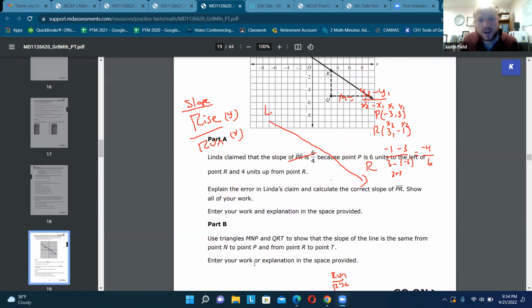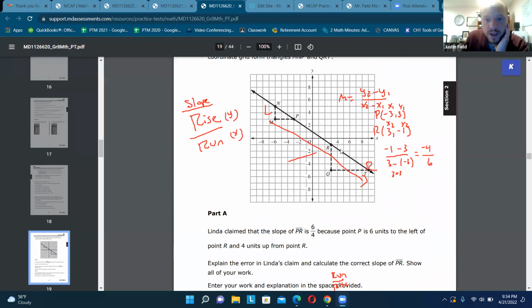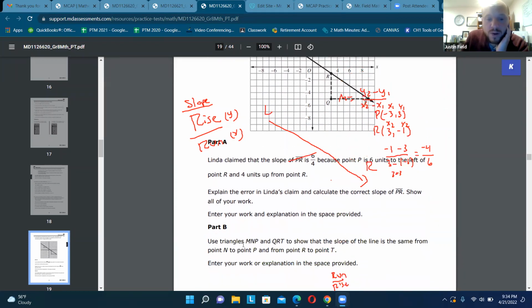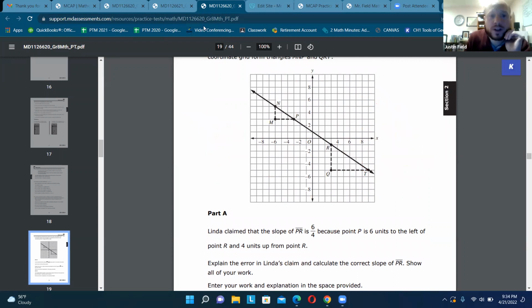And there it is. This is a two-part question. Use a triangle to show the slope of the line is the same from N to point P and from R to T. So if I want to show the slope is the same using the triangles, what we could do is label the sides. So that's 1, 2, 3, that's 3. This is 1, 2, 3, 4, that's 4. 1, 2, 3, 4, 5, 6.